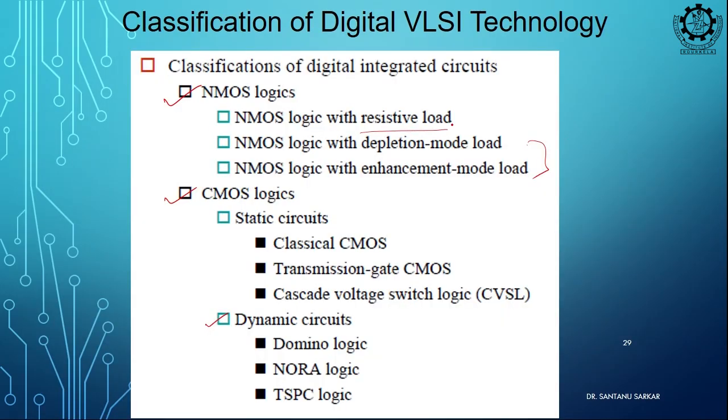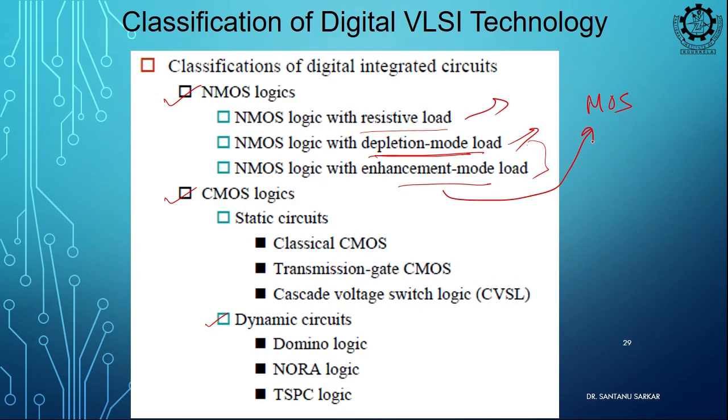NMOS logic, 3 variations are there: one is resistive load, one is, this structure is different, one is enhancement mode. Generally our MOS are enhancement mode, right. We need to enhance our VGS so that it goes above VTH and we get a current. So, normal MOS are enhancement mode MOS.